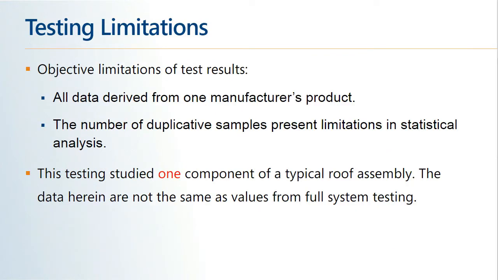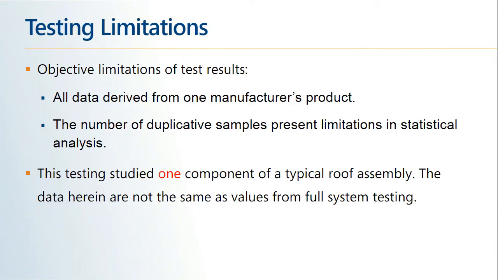Some of the limitations we had with the testing that we performed, we want to point those out. All of the test information was derived from one manufacturer's product for both the insulation and the adhesive. And the number of duplicative samples, which was 18, presents some limitations in performing a statistical analysis to be able to interpolate for use for roofing systems or assemblies.